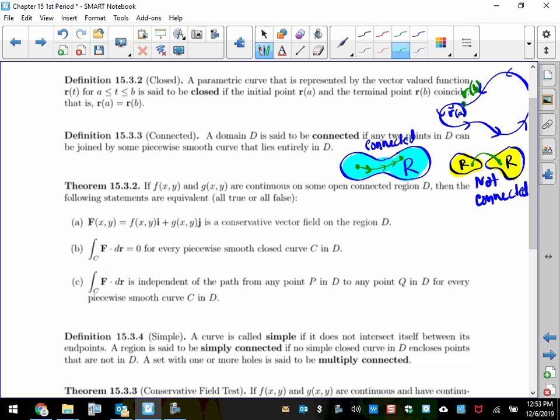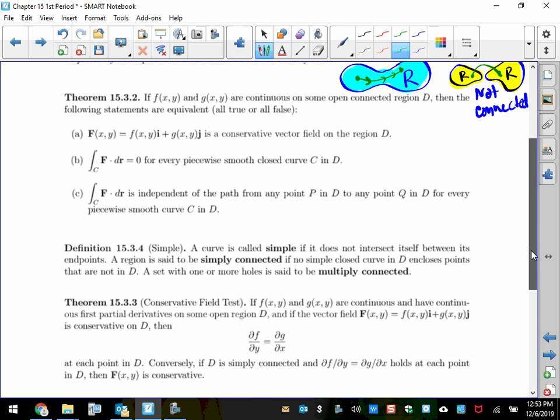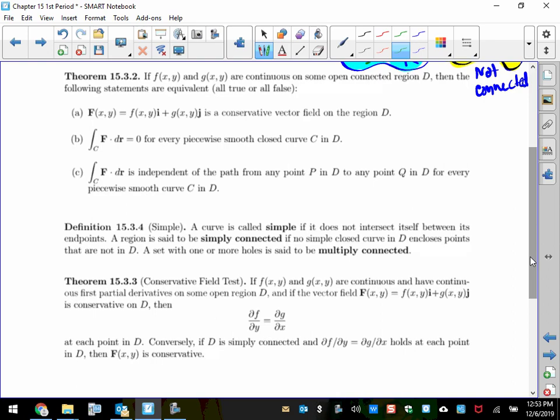Okay. So let's read Theorem 15.3.2 in order to do the next example. So 15.3.2 says if you've got some component functions f and g that are continuous on some open connected region D, which is what we were just talking about, then the following statements are equivalent. That means that they're all true or all false. So A, what does it say? F is a conservative field in the region D. Okay.